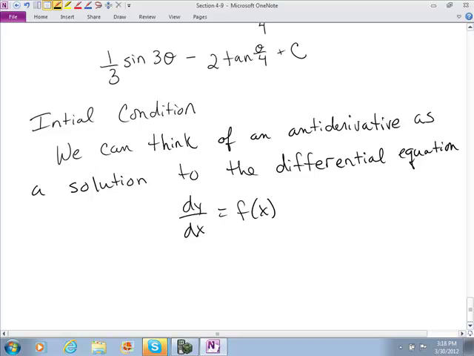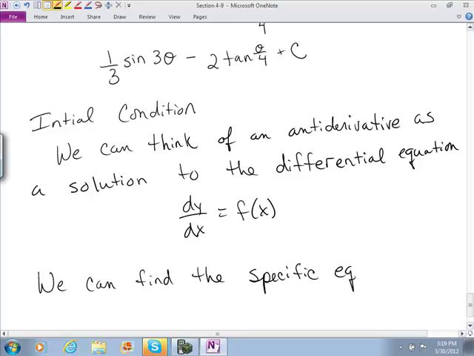And sometimes you can find the specific equation if you're given an initial condition, some original value.